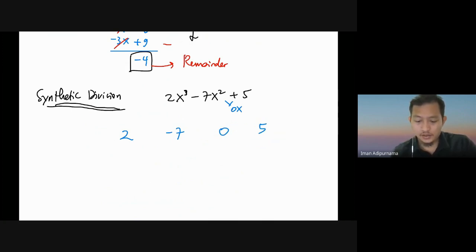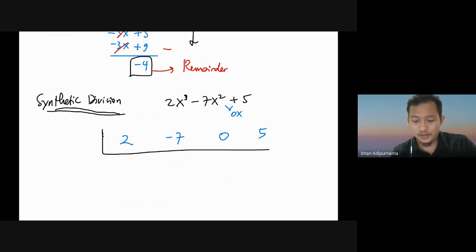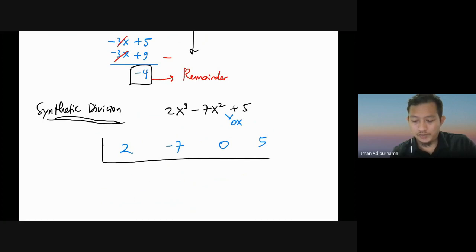And then divide by x minus 3, right? But we know that x minus 3 is actually, if you remember the factors, then we can say that this is actually x equals 3 if you are thinking of the zeros, right? So we can write just 3 here, not x minus 3, okay?